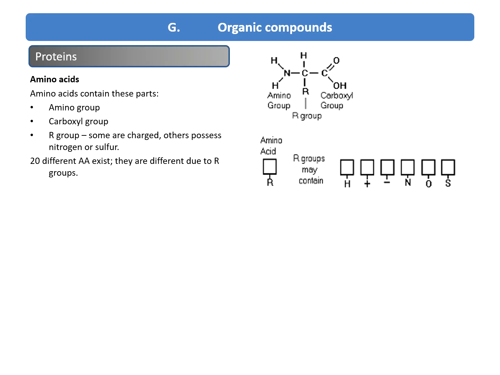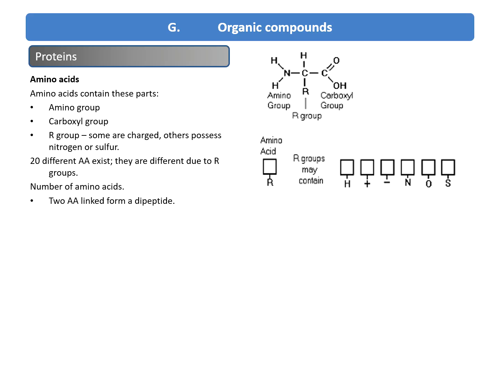Roughly 20 different amino acids exist. What makes them different are the R groups. Some contain just hydrogen, some are charged positively, some have a negative charge, some contain nitrogen, others contain oxygen, and still others contain sulfur. The number of amino acids determine the molecule.